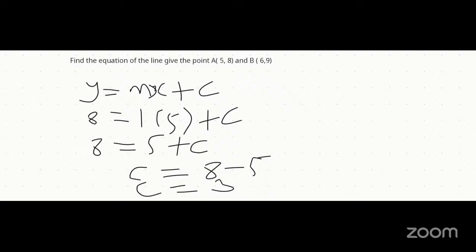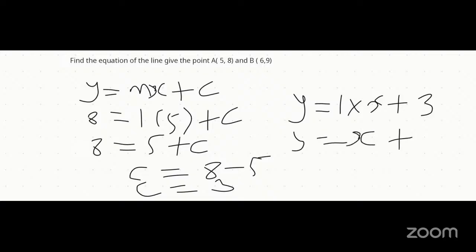So now if I put my c back into the equation, I'll be having y is equal to, what's my gradient? 1, right? 1 times x plus 3. So this will give us y is equals to x plus 3. That's my answer. So the equation of this line is y is equals to x plus 3.